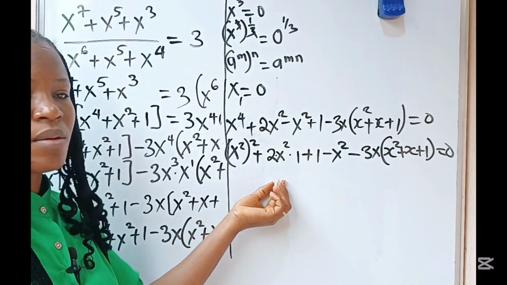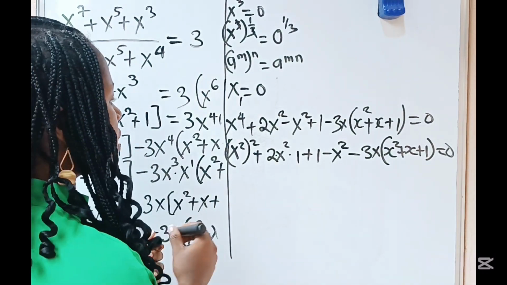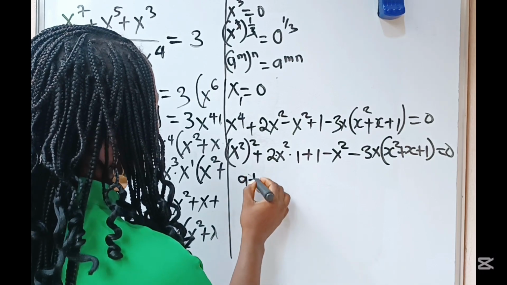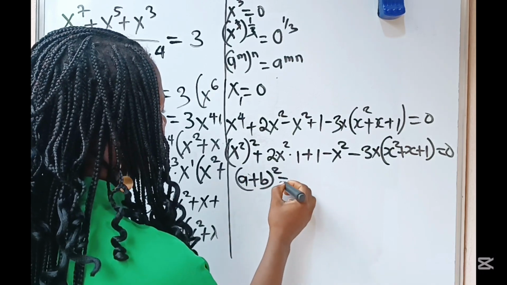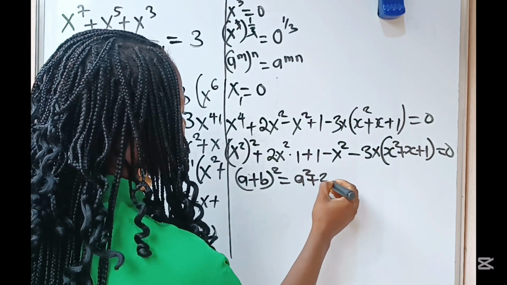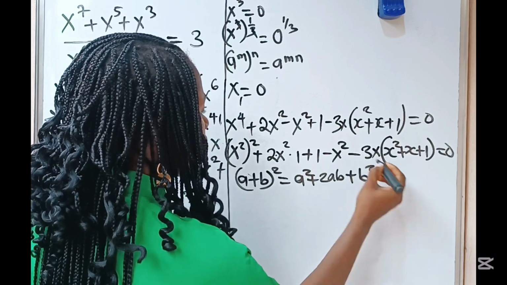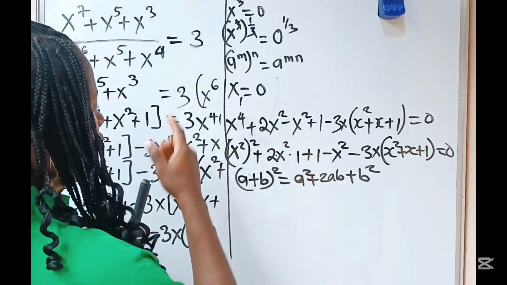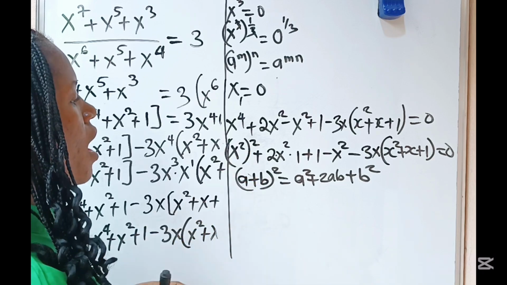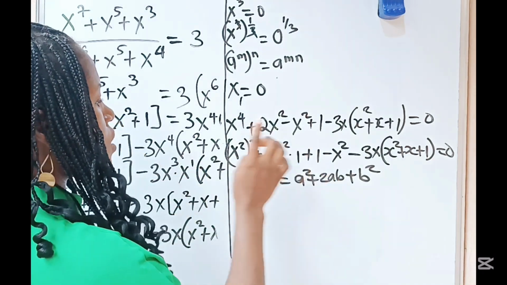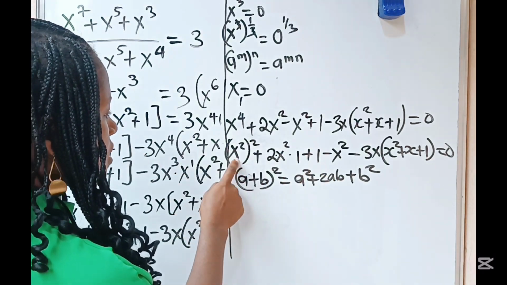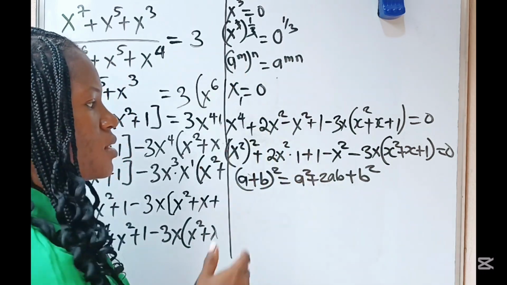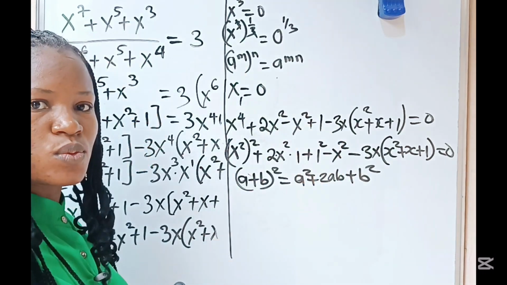Now this is what I'm trying to form from here. Recall that when you have a plus b all squared, this is equal to a squared plus 2ab plus b squared. In this particular case, if our a is x squared and our b is 1, you can see that this is the same thing as a squared plus 2ab plus b squared, because 1 squared will still give us 1.